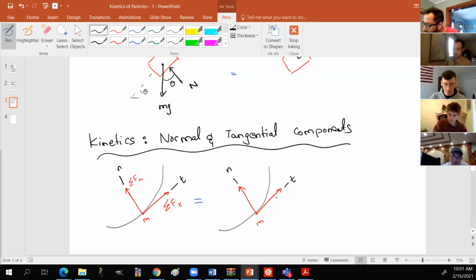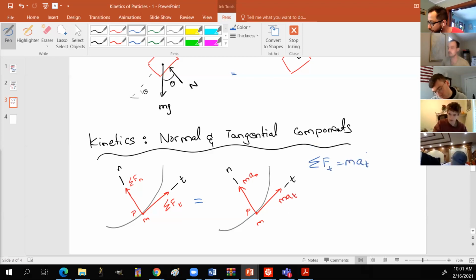So you have all your accelerations in the tangential and your acceleration in the normal direction, right? And to complete our story, we always call our particles with P, right? So sum of forces in the tangential direction is equal to mass times acceleration in the tangential direction. Similarly, sum of forces in the normal direction is equal to mass times acceleration in normal direction.